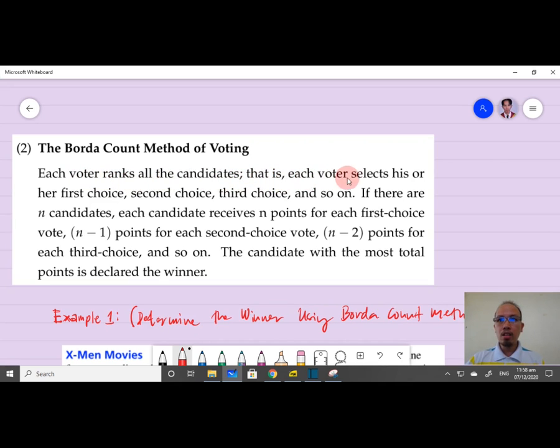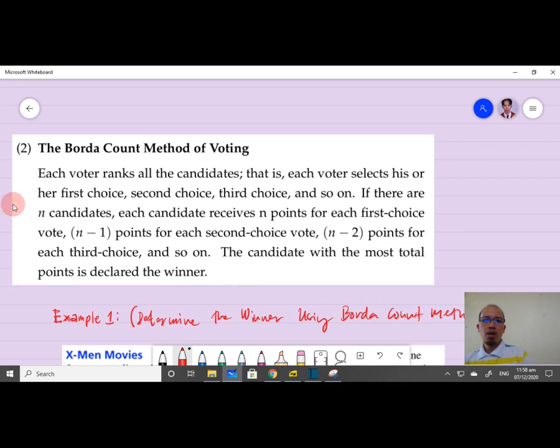That is, each voter selects his or her first choice, second choice, third choice, and so on and so forth. If there are n candidates, each candidate receives n points for each first choice vote, n minus 1 points for each second choice vote, and so on. The candidate with the most total points is declared the winner.